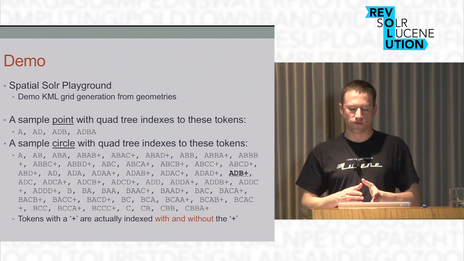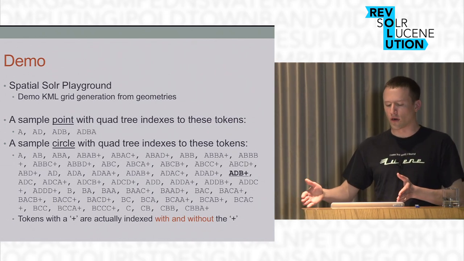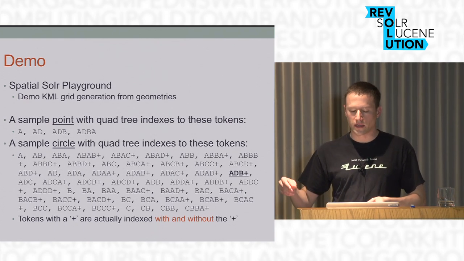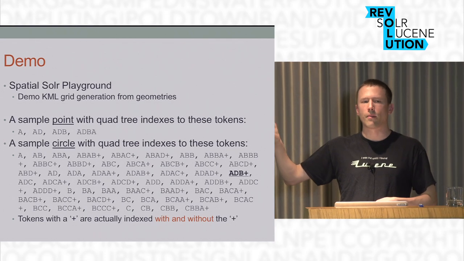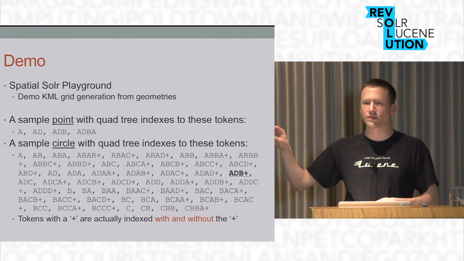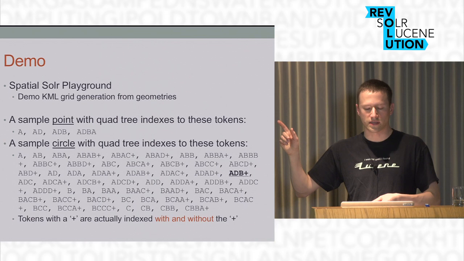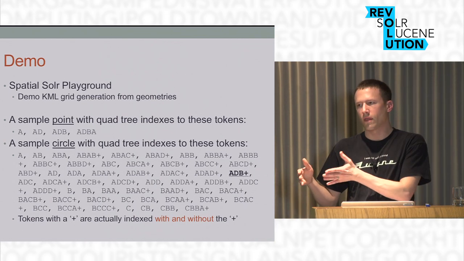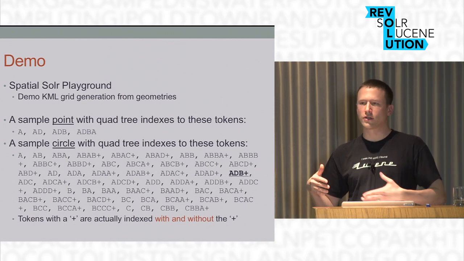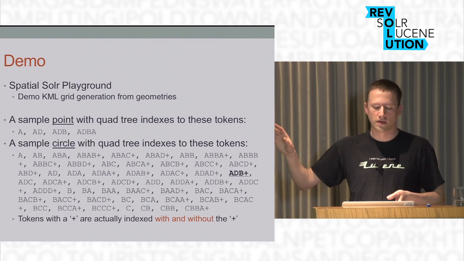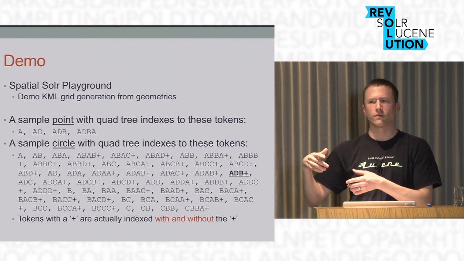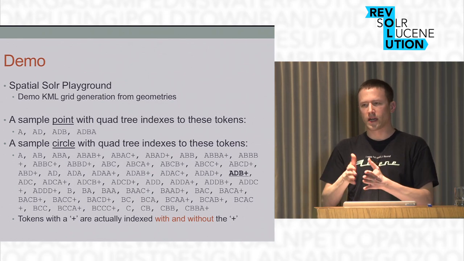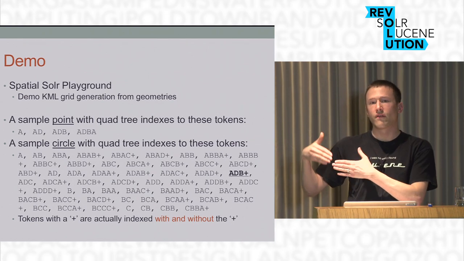So if we look at only a depth of 4, then A, AD, ADB, ADBA, those are 4 terms right there. Imagine that those 4 terms are being indexed for a point. So if there's one point that you want to index to whatever precision, that would be only 4 characters long, pretty weak precision. But in any case, this is left-edge n-gramming, for those of you familiar with Lucene. It indexes at every parent level.